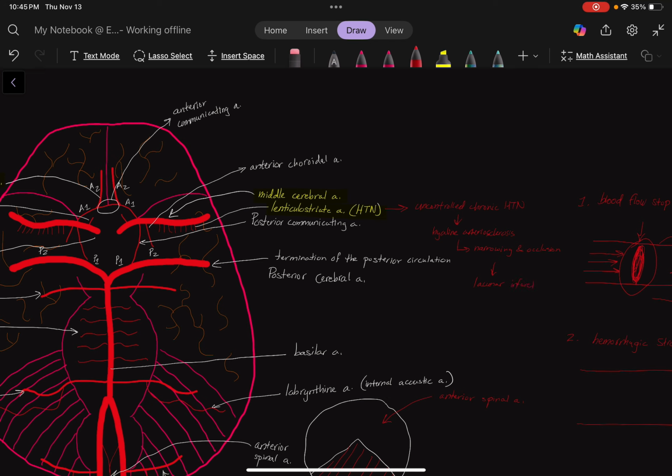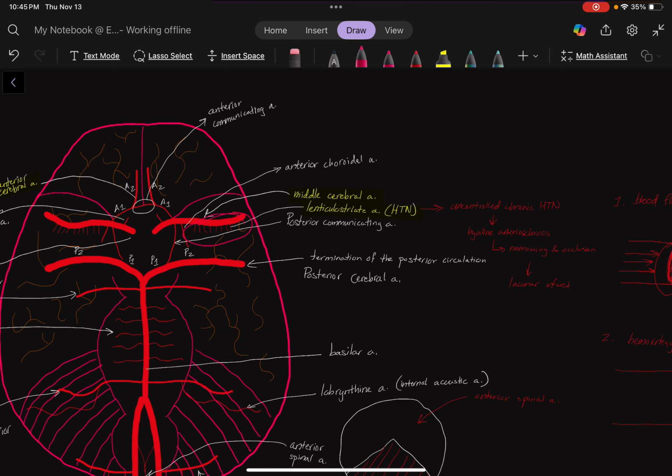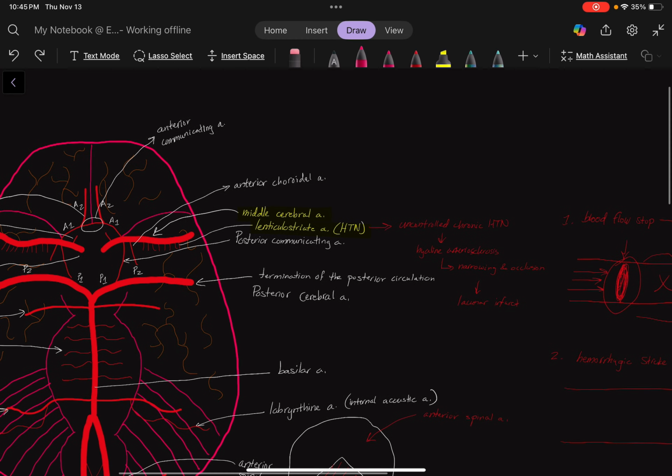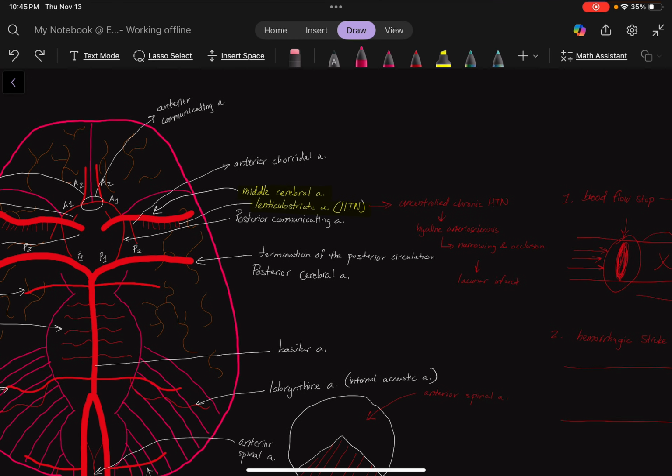And these blood vessels over here, these are the lenticulostriae arteries, and they're very small, okay? So yeah, that's basically the mechanism of how that happens, and that's very important to know. And once again, a stroke of this, it's basically pure motor symptoms, okay? Pure motor symptoms, and it's usually contralateral paralysis, okay?